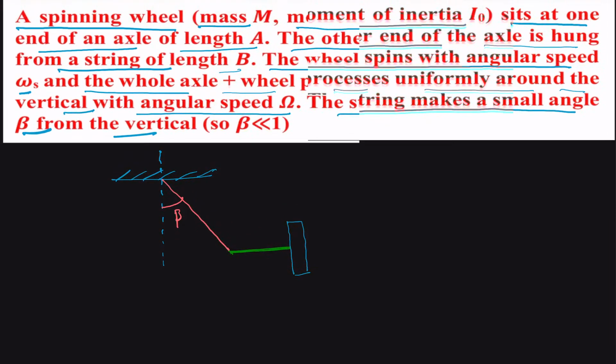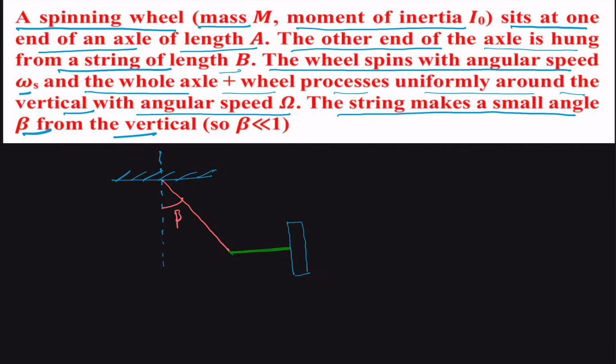And we are given that the length of the axle is a. So this length is given as a and the length of the string is given as b.